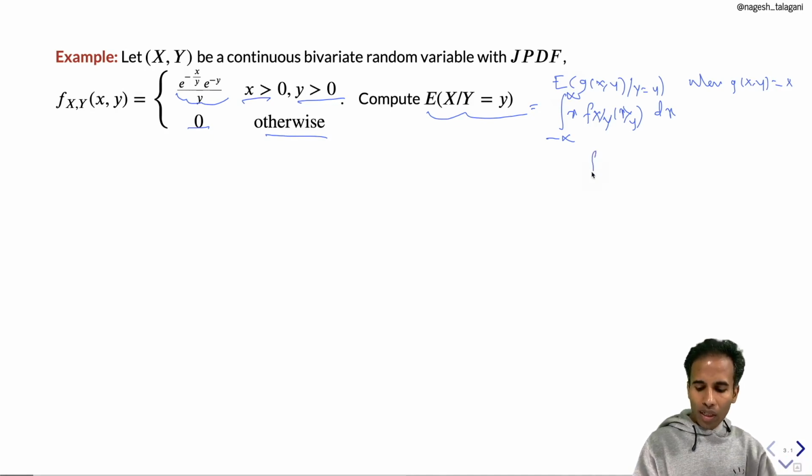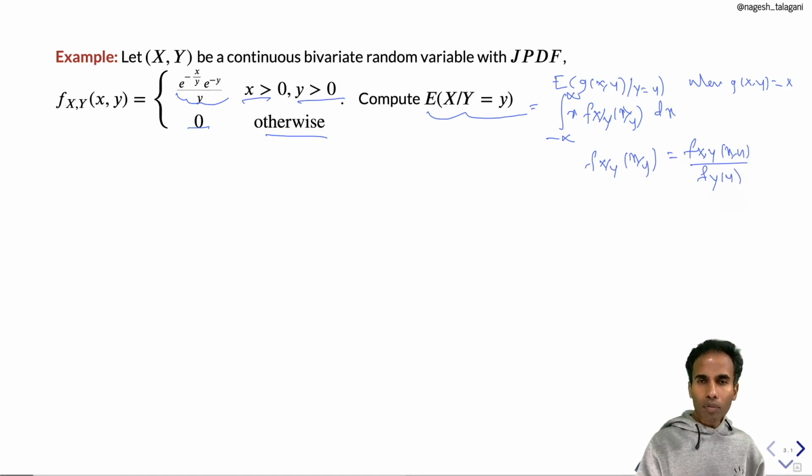The conditional PDF of X given Y is going to be the joint PDF of (X,Y) divided by the marginal PDF of Y. So first of all we need to find the marginal PDF of Y. How do you get the marginal PDF of Y? By integrating the joint PDF with respect to x, right?